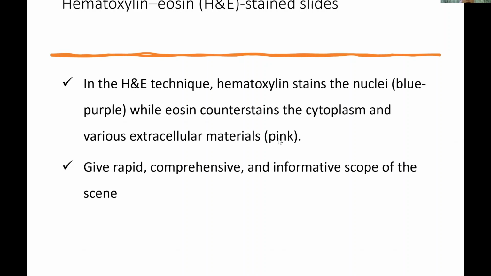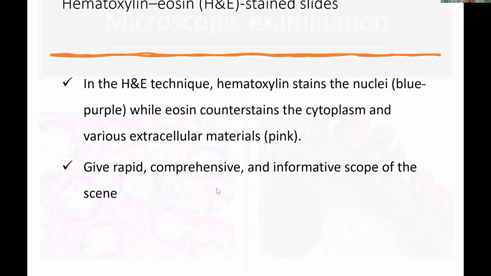So when we look at histology, there are only two colors. H&E also gives a rapid, comprehensive, and informative scope of the scene. From here, we make a histology analysis, and in straightforward cases we can give a correct diagnosis. But in other cases, we need to proceed with other ancillary techniques that I will show you after this.